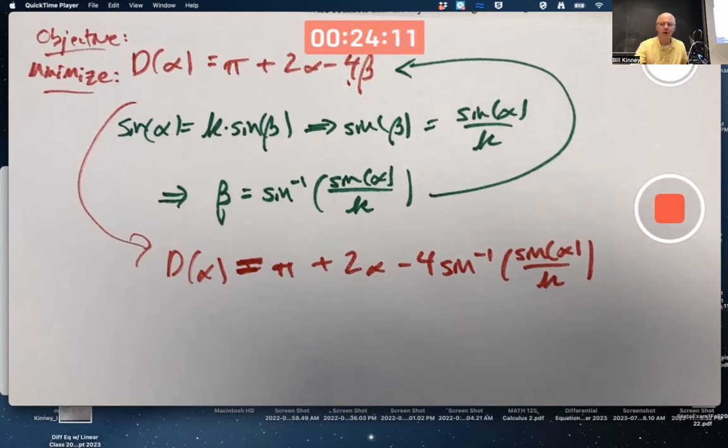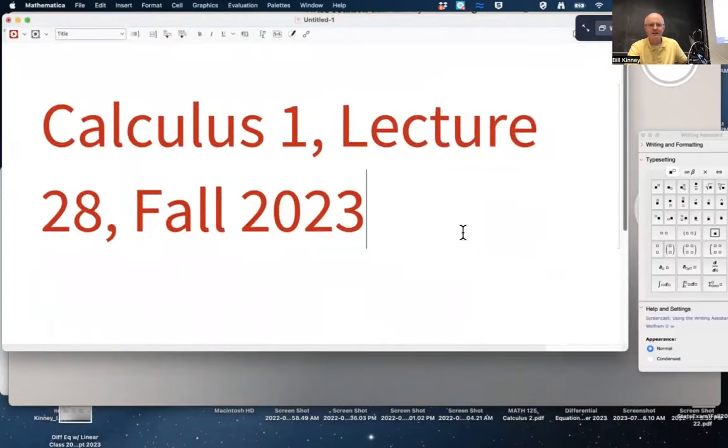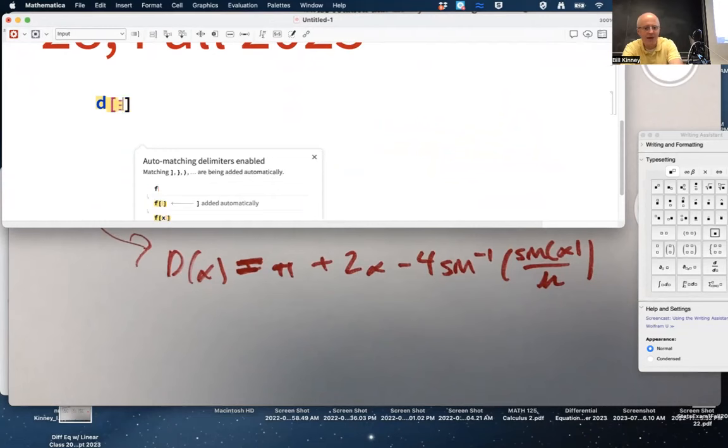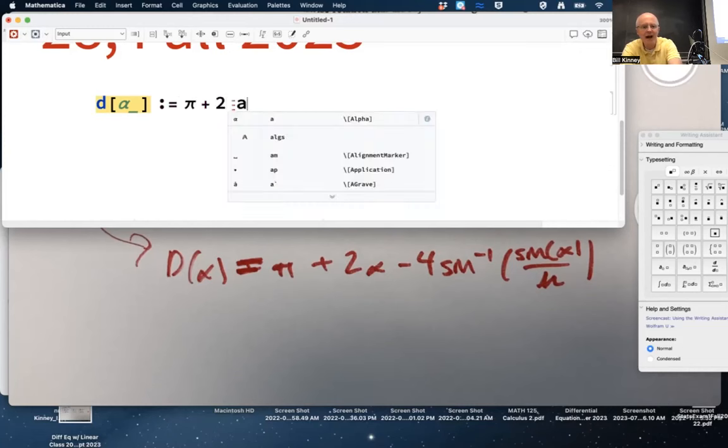Maybe before we do so, though, let's see what the graph of this looks like. I better not use a capital D in Mathematica. Capital D is reserved for derivative. I'll use a lowercase d. Escape, P, escape makes a pi. Plus 2 alpha. A escape makes an alpha.